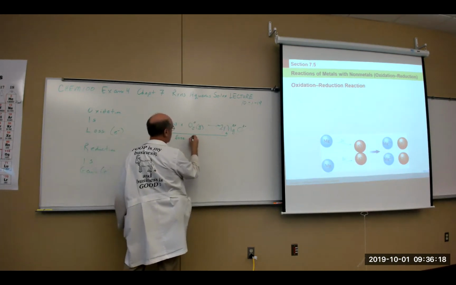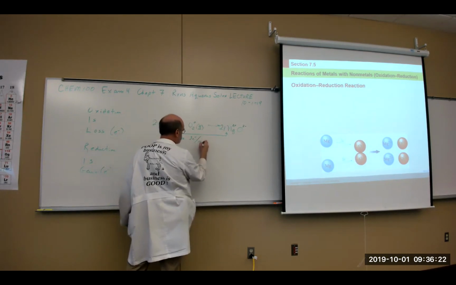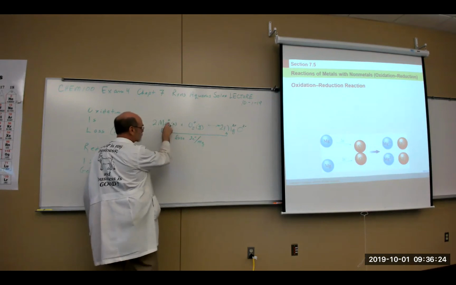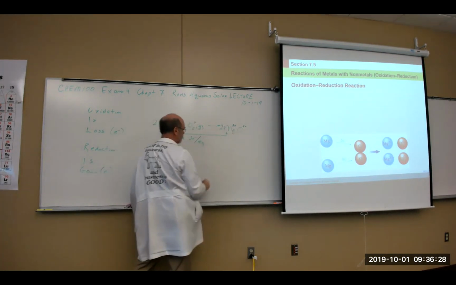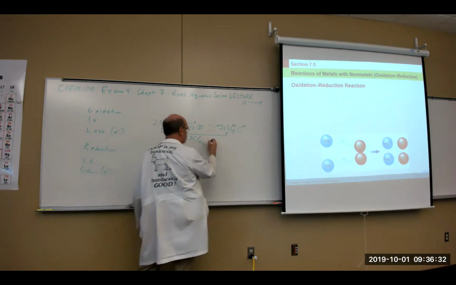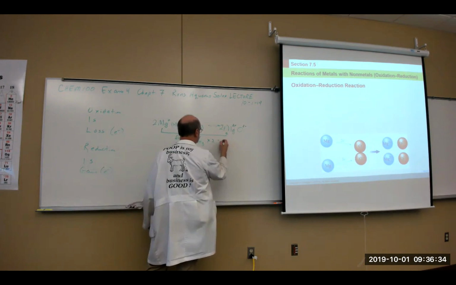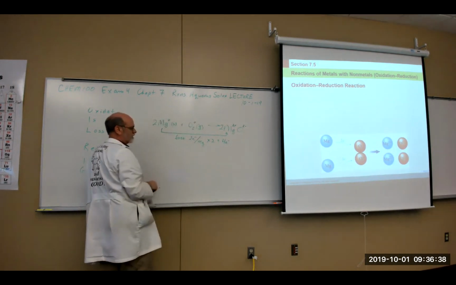Loss of 2 electrons per magnesium, right? This just talks about the 1 magnesium, 0 to 2+, but we have 2 of them. So 2 magnesiums times 2 equals 4 electrons were lost by those 2 magnesiums.